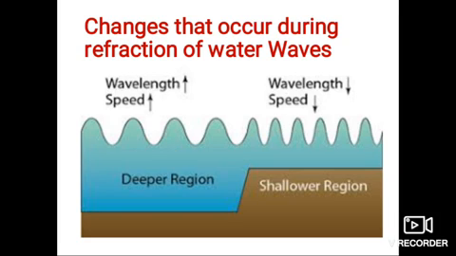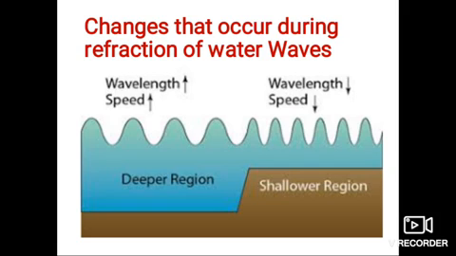You can see that inside the deep water, the distance between a crest and another crest is longer than the distance between a crest and another crest inside shallow water. And since the distance between a crest and a crest is the wavelength, that means the wavelength inside deeper water, this distance here, is longer than the one in the shallow water. So when water waves move from deep water to shallow water, the wavelength will reduce.